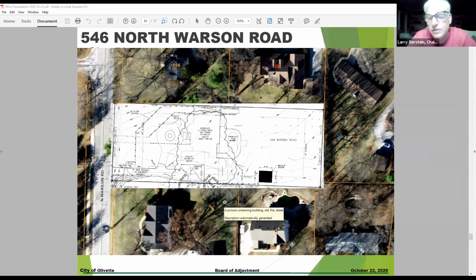And Carlos, what is the total size of this? This one, I believe, is 396 square feet. So it's a huge shed, not even in the same category as a shed. In accordance with the city of Olivet's values, a shed is 120 square feet or less, and this is an accessory structure, the size of a large garage.